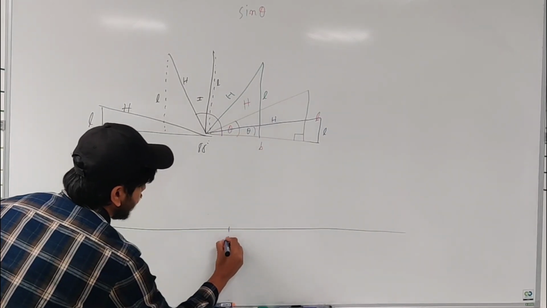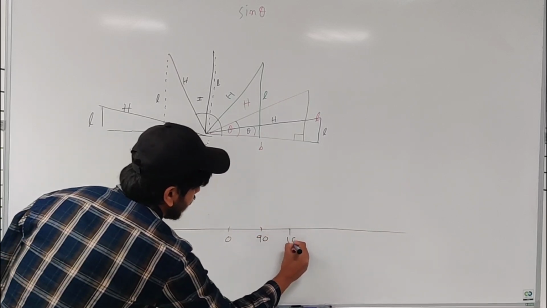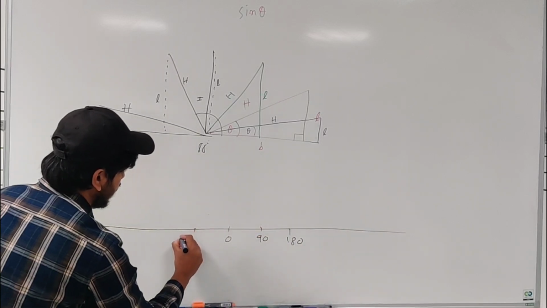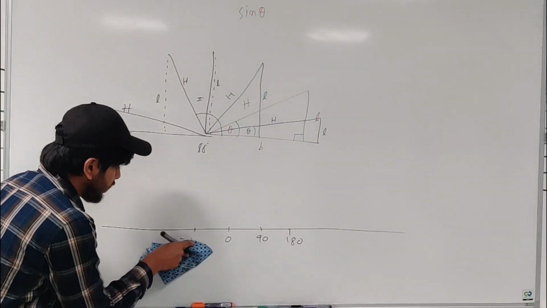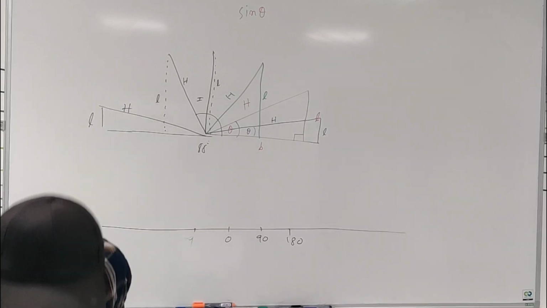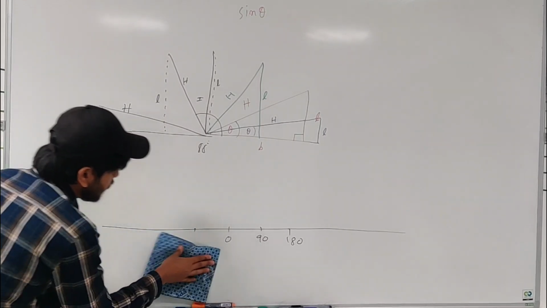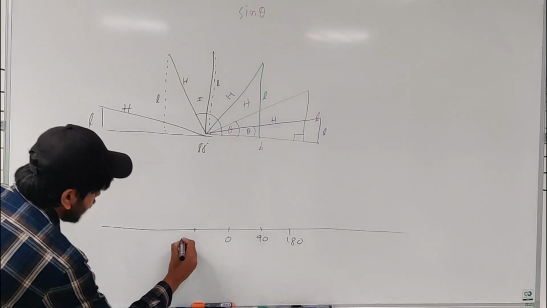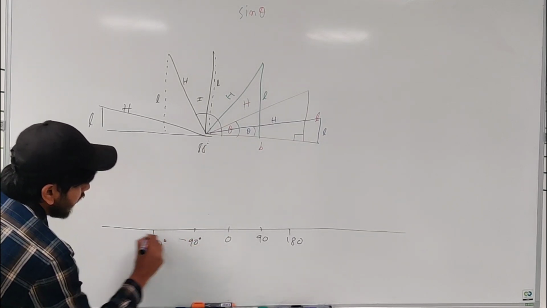Let's say this is my 0 degree, 90 degree, 180 degree, like that, and minus 90 degree, minus 180 degree, and so on.